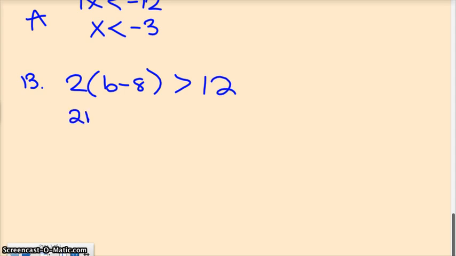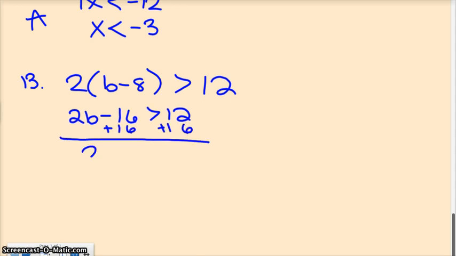Distribute. 2b minus 16 is bigger than 12. Add 16. You get 2b is bigger than 28. Divide by 2. b is bigger than 14. That is C.